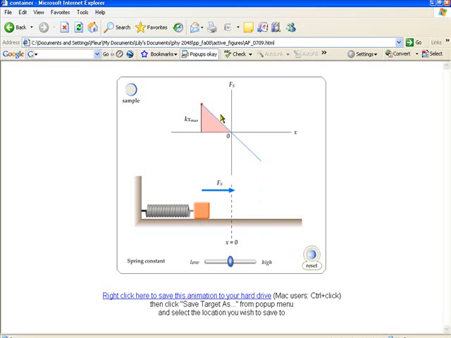And we can see that the value of the force ranges from maximum to the right in the positive direction to minimum in the negative direction.